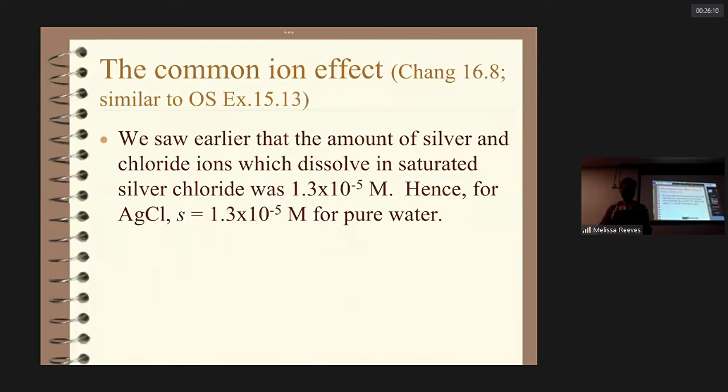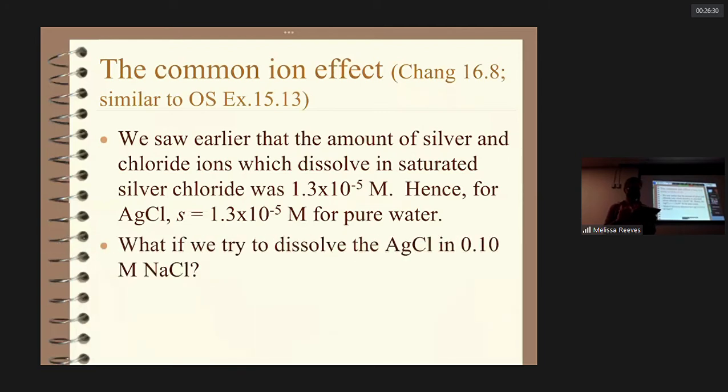We started from a KSP way back at the beginning of this PowerPoint, and we solved for this. That was the amount of silver chloride which could dissolve, which also is the amount of silver ions and chloride ions present, because it's a 1-to-1-to-1 chemical reaction.